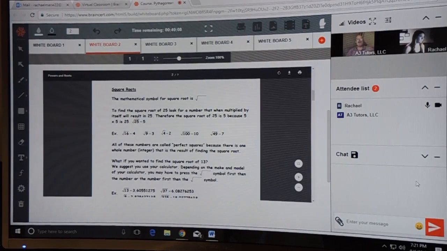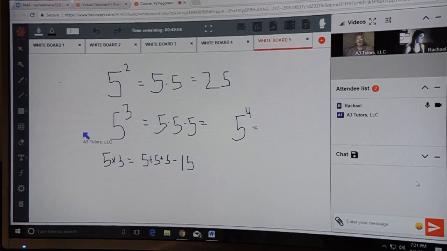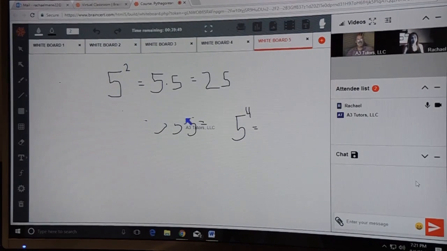What do you remember from square root? I remember that square roots are super important in the math world. Right, okay, good. Aren't they kind of the opposite of exponents?